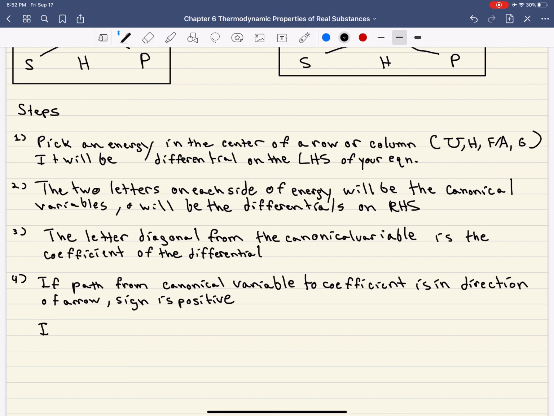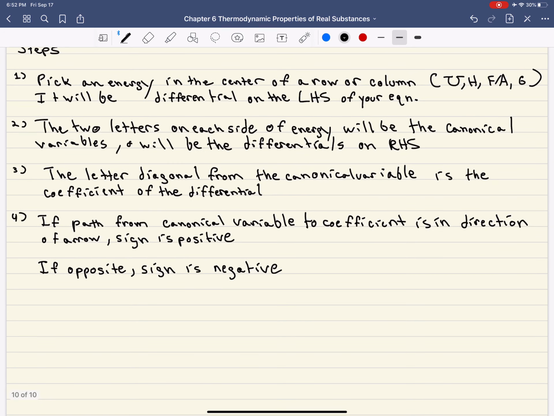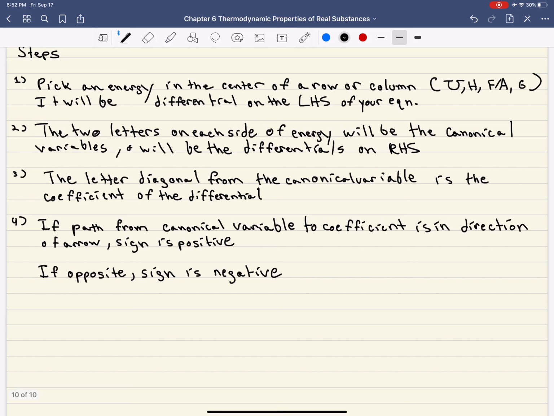If it's the opposite, then the sign is negative. Okay? All right, and so the first 4 steps just deal with deriving the fundamental equation. The last step is for deriving the Maxwell relation.